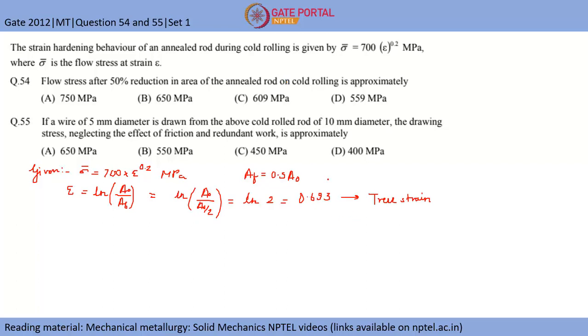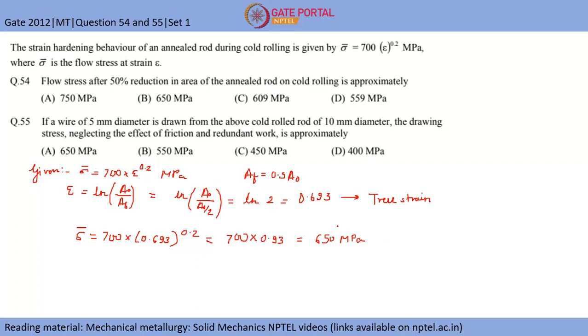Now we can substitute this value in the flow stress equation, sigma equal to 700 into 0.693, which is the true strain, raised to the power of 0.2, which comes out to be 700 into 0.93, which is equal to 650 MPa.